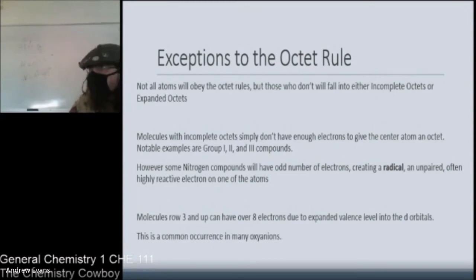Whenever you're counting up the total number of electrons, hopefully you notice that every time I added them up, we had an even number: 16, 24, 12, 8.